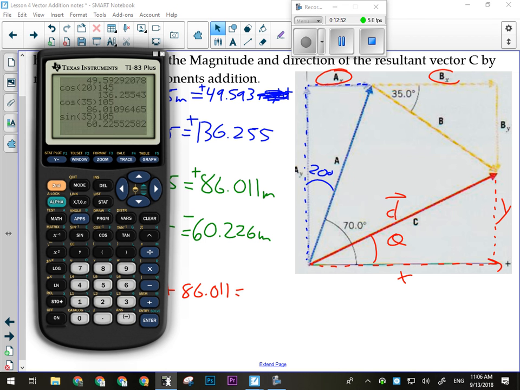All right, so we will have, probably quicker to do it this way. Okay, so we're going to get a total there for x as 135.604.